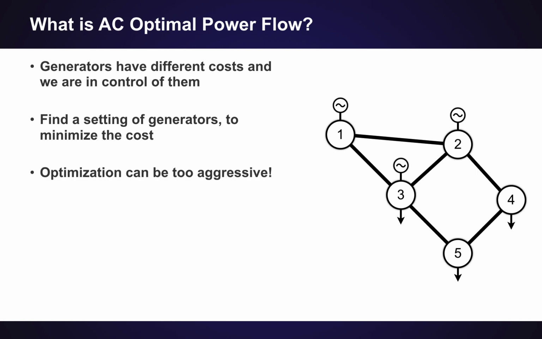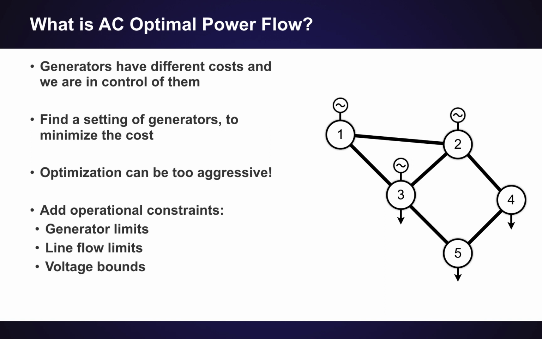When we try to do this using an optimization problem, so that is really what the AC optimal power flow is about, the optimization can get too aggressive if we are not careful to make sure that we dispatch the generators in a way that actually takes into account the various operational constraints that we have in the problem.